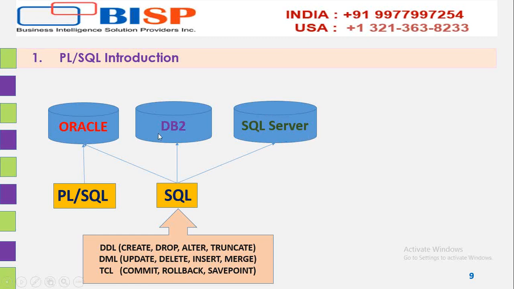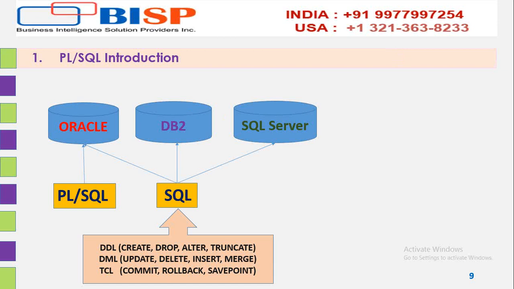So all these three databases are of different types; different companies, different entities have developed their own databases to store the data. The main purpose is to store the data and to retrieve the data from the database. Whatever applications we develop, for example banking, insurance, any kind of sector, we have a bulk of data.